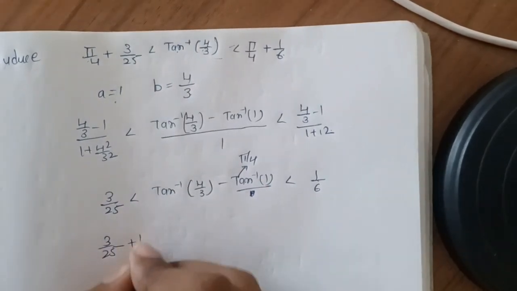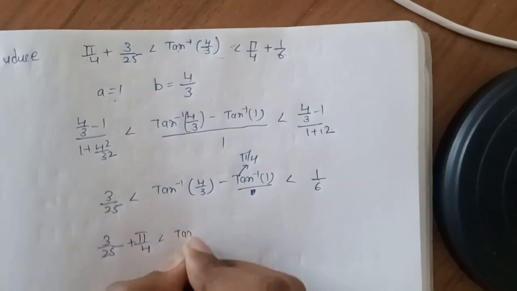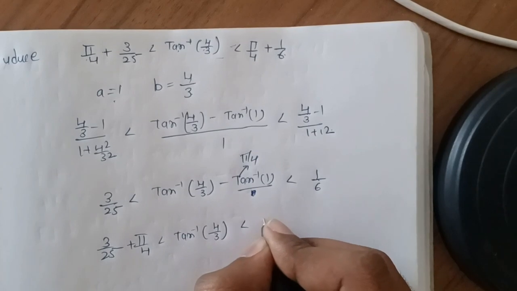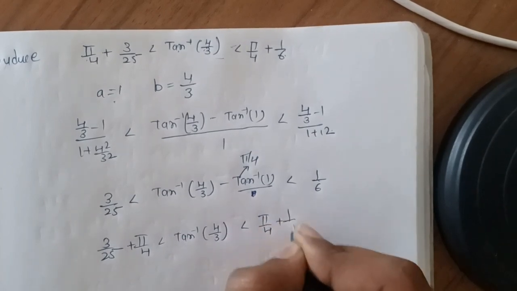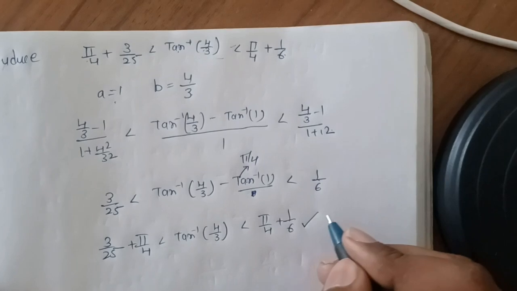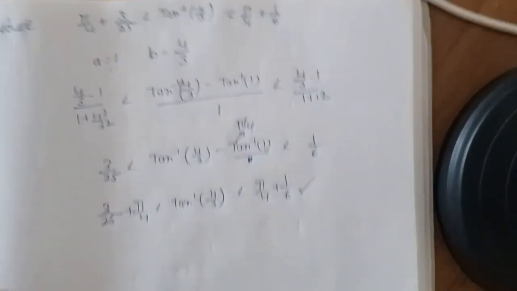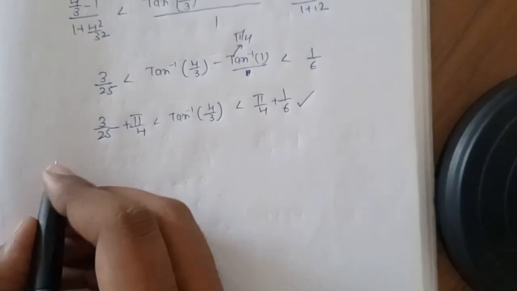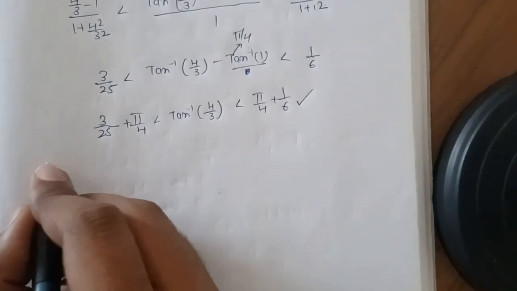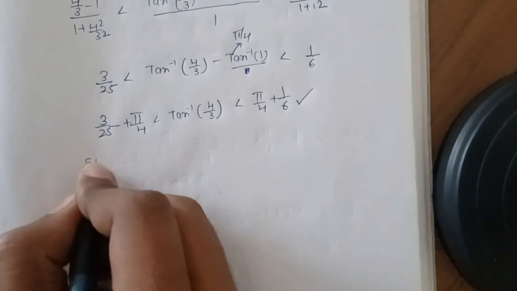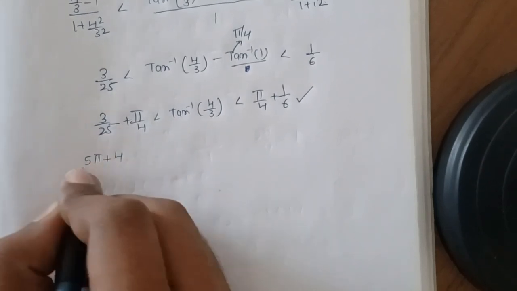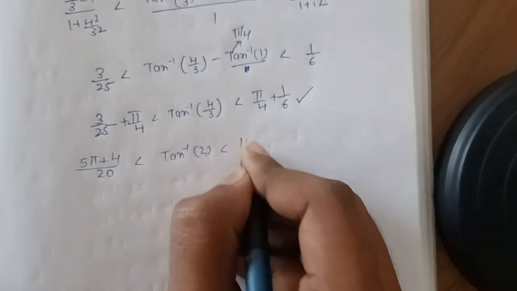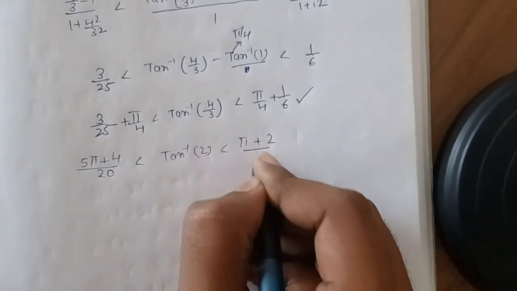3 by 25 plus pi by 4 is less than tan inverse 4 by 3, less than pi by 4 plus 1 by 6. Hence we reduced the required equation and required condition. Then again one more reduction. 5 pi by 4 by 20 is less than tan inverse 2, less than pi plus 2 by 4.